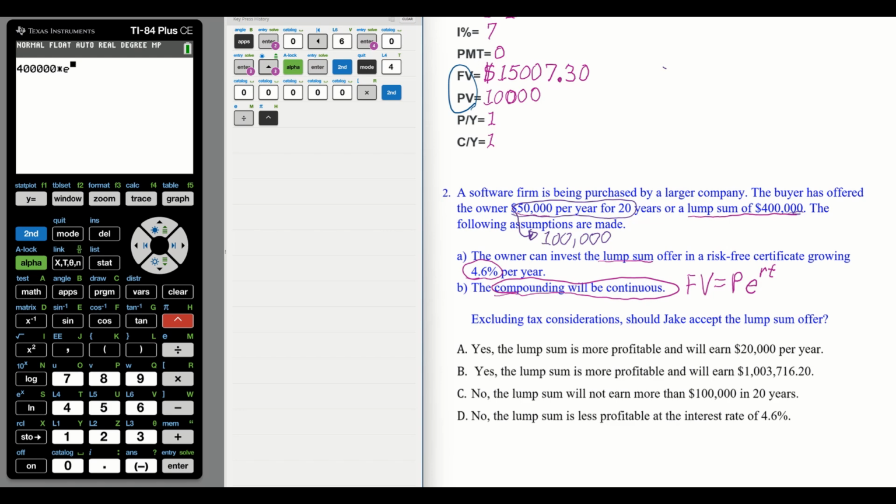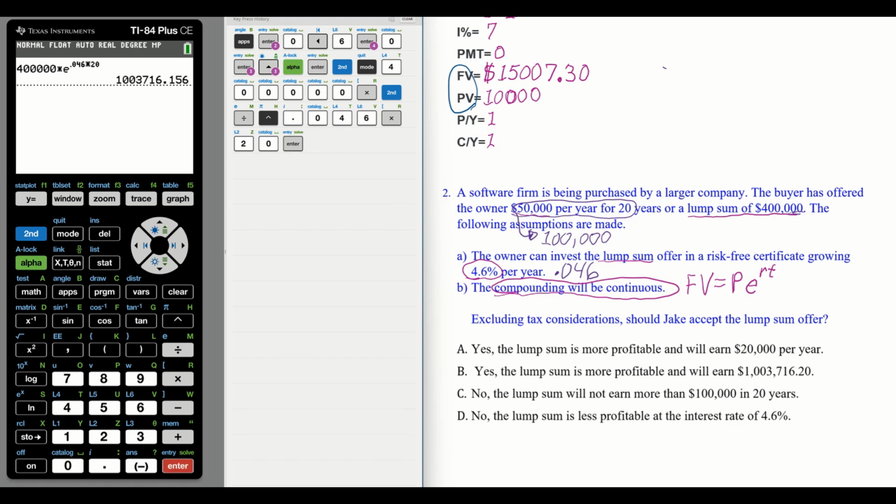Now I just put the other items in. My rate, now that's another thing. This rate must be changed to 0.046. We must change that. So 0.046, multiply that to how many years? 20 years. Okay. And that should get what we need.